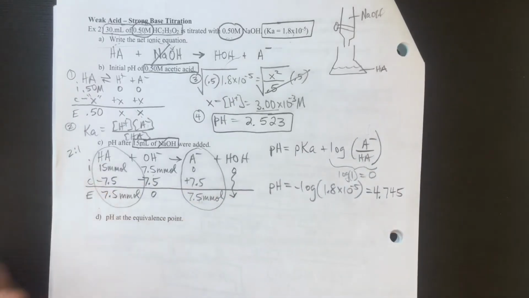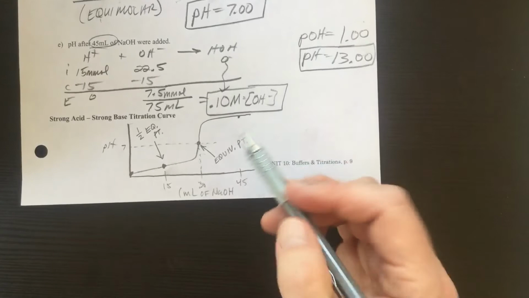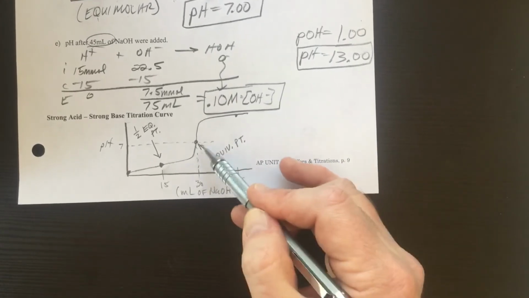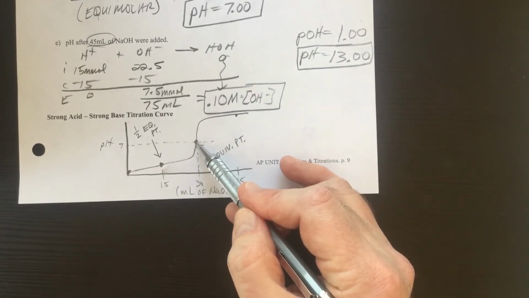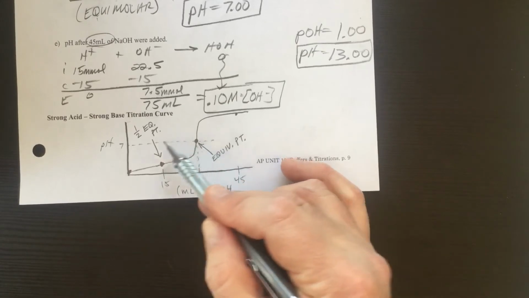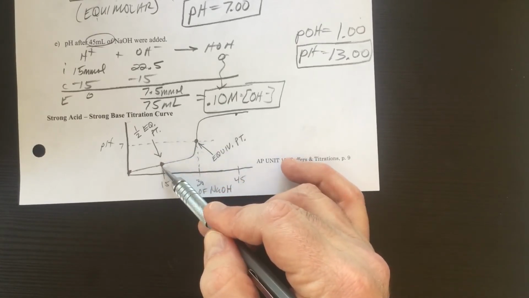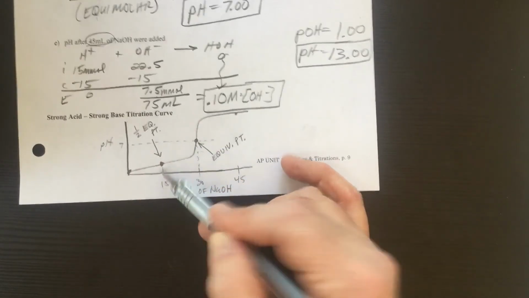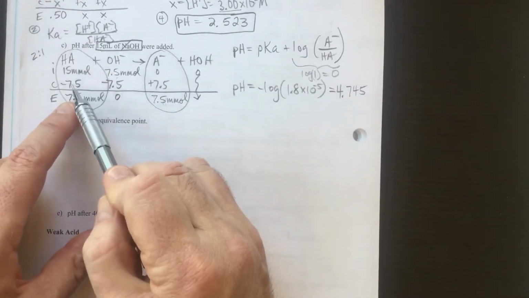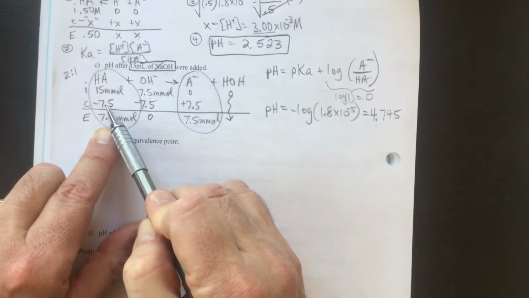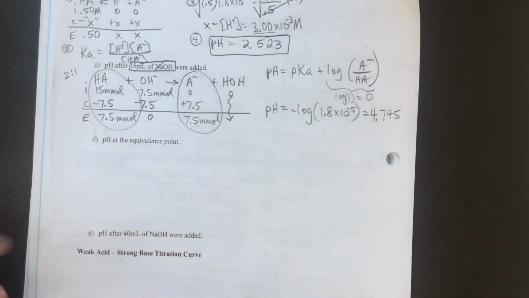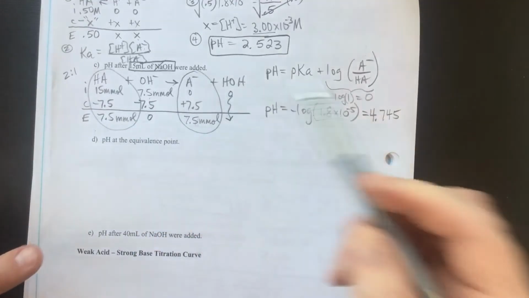This, I hope you remember, I just pointed it out a moment ago. On the titration curve, I pointed out the equivalence point is when we've got the same number of moles of acid and base. I pointed out the half equivalence point. It's when we've neutralized half of our acid. Isn't 7.5 half of 15? So haven't we neutralized half of our acid?